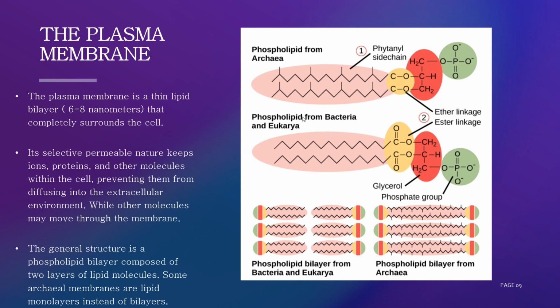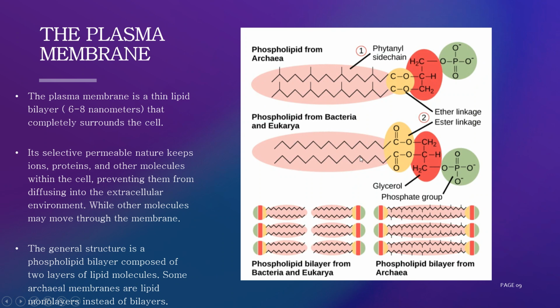Now see the phospholipid from archaea. Why phospholipid? Because a phosphate group is present in the lipid. This is the phospholipid from archaea, and this is the phospholipid from bacteria and eukarya.